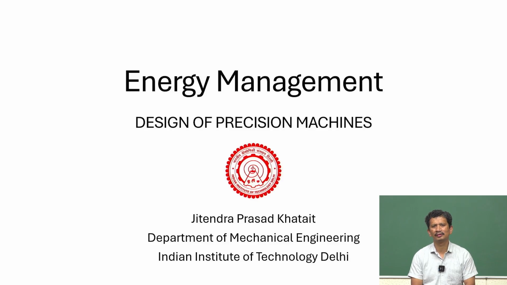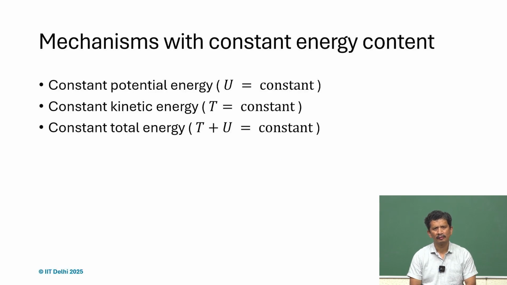So we'll talk about energy management in various mechanisms, and this is a very important topic. What we realize is that there are many mechanisms we use in machines, and balancing is one of the key tasks. If you are looking for precision or even for high speed motions, we want to balance them properly, and we might be looking at some mechanisms which are independent of their positions, and therefore we can categorize them into three parts.